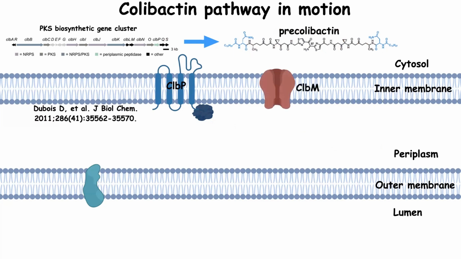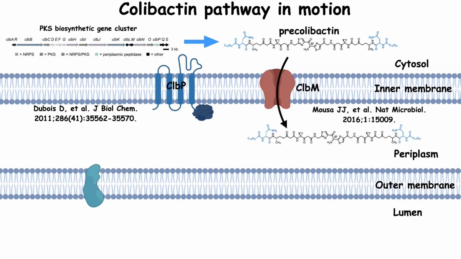Well, we discovered that the island is encoding for a transport molecule called CLBM. It's a MATE transporter. It moves the pre-colibactin inside the periplasm. Now that the prodrug molecule is close to the enzymatic activity of CLBP, it can be cleaved and fully activated.